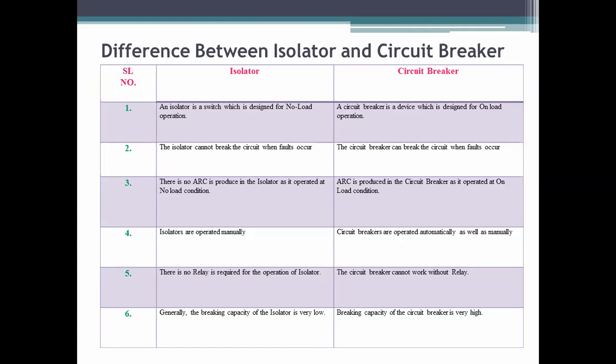The isolator works by itself, but for the circuit breaker we need a relay. If there is no relay, the circuit breaker will not operate, right? Can anyone elaborate why it is? Because we have seen relays and circuit breakers also.